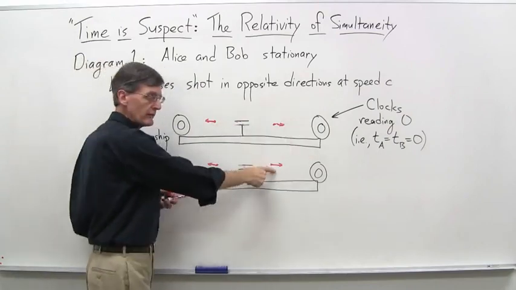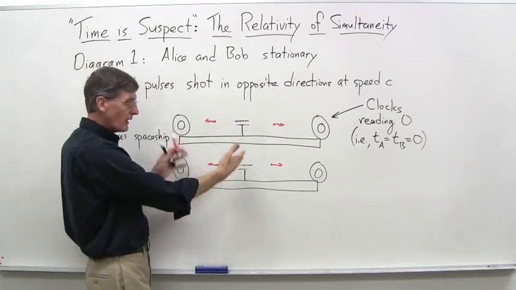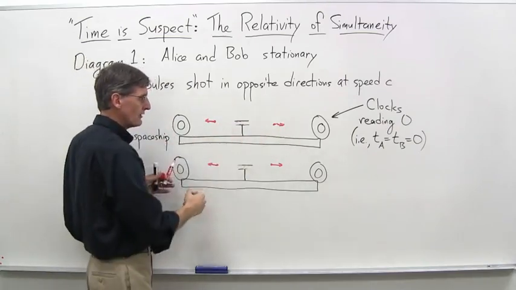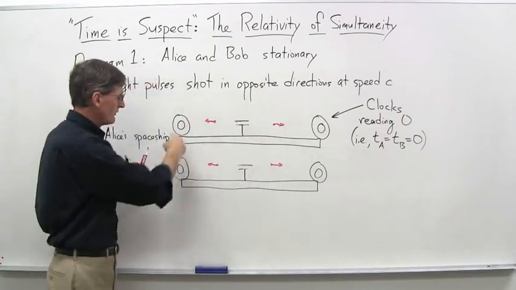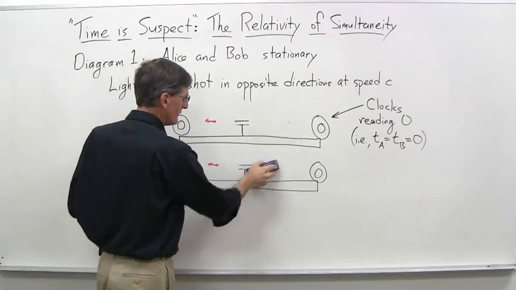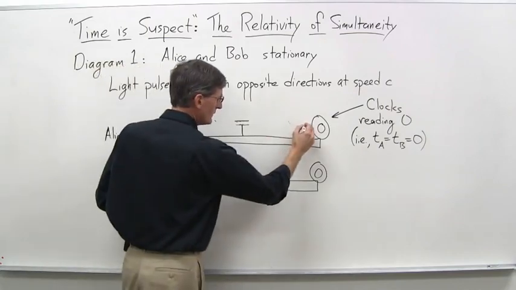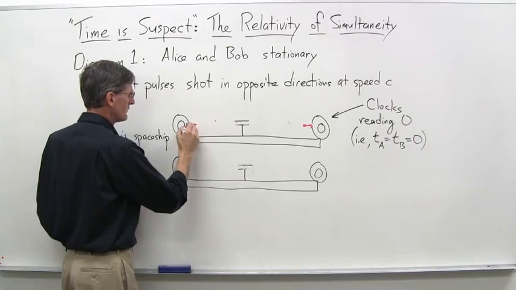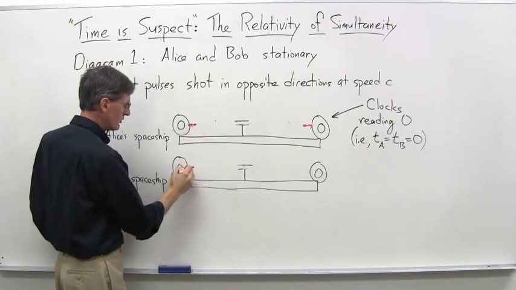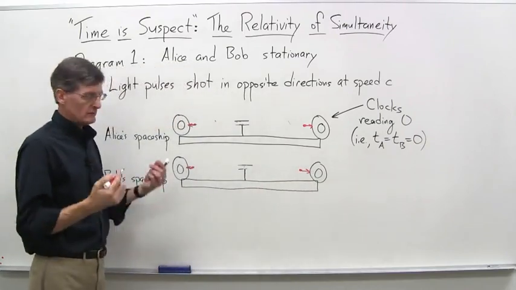This light pulse would track with this one, would track with that one. Assuming the light gun, as it were, is exactly in the center, we know the light pulses are going to reach the clocks on the ends at exactly the same time. So we'll draw that in here next. We'll say, okay, they've actually reached the end here. This one has reached there. This one has reached there, and this one has reached there.